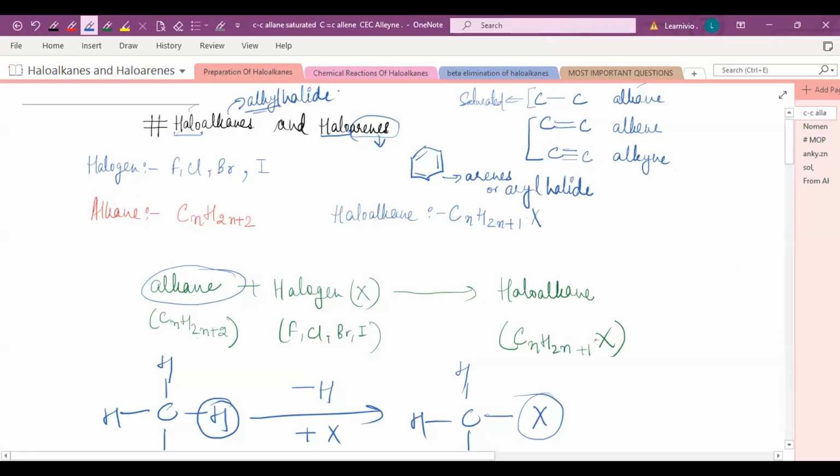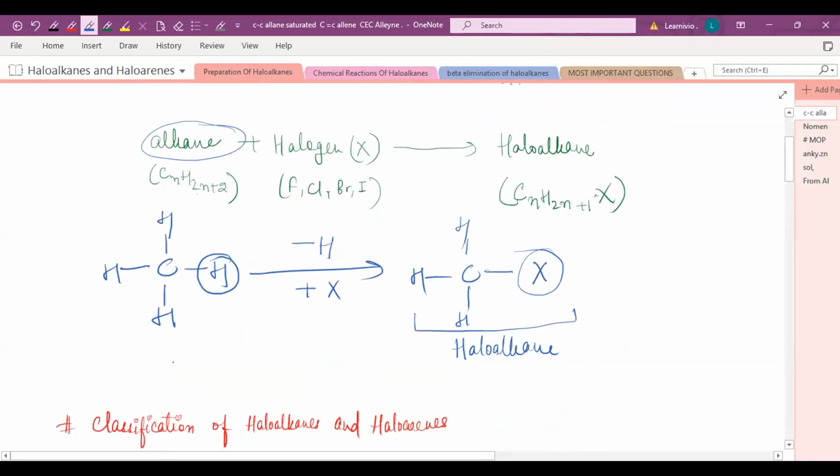Clear? Yes, ma'am. Similarly, when you take a benzene ring, any aromatic ring, you can see that on all the carbons there is one hydrogen.